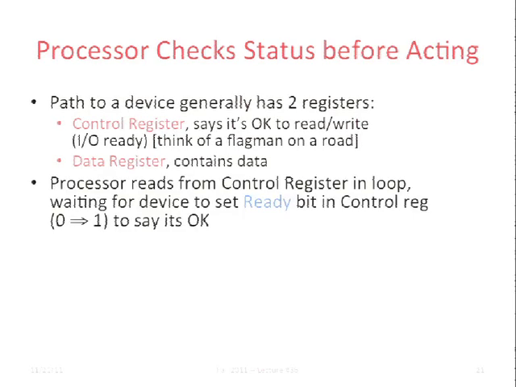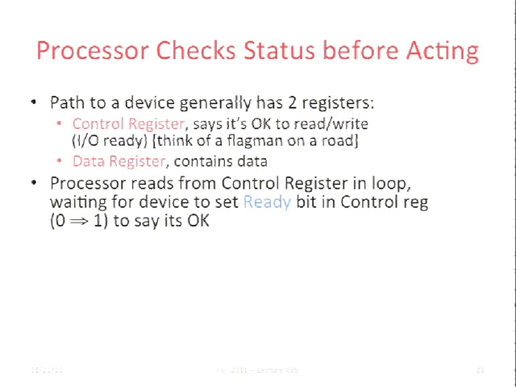Okay? So what's going to happen is, in this scheme, this is called polling, the processor is going to keep reading the control register, okay? And it's going to treat what's in that control register as a ready bit. And if that bit's set to 0, it's deasserted, that means the device isn't ready. So the processor just keeps looking at that register until it sees that it's a 1.